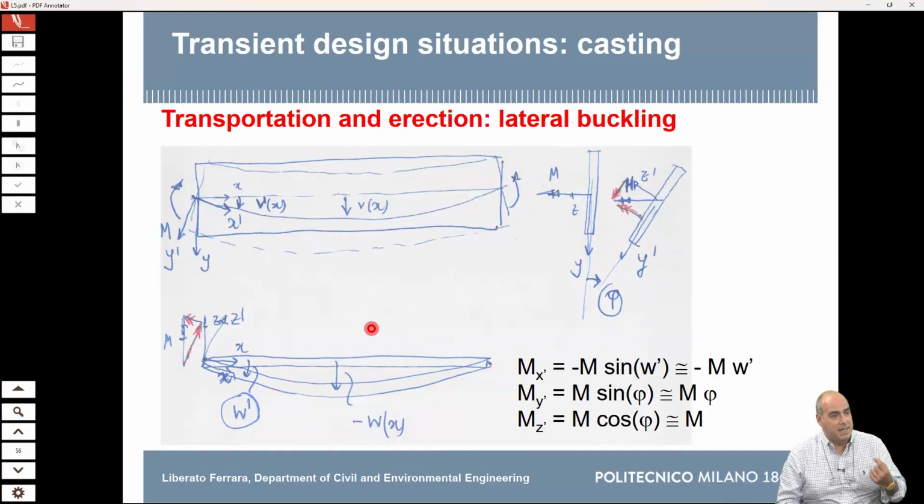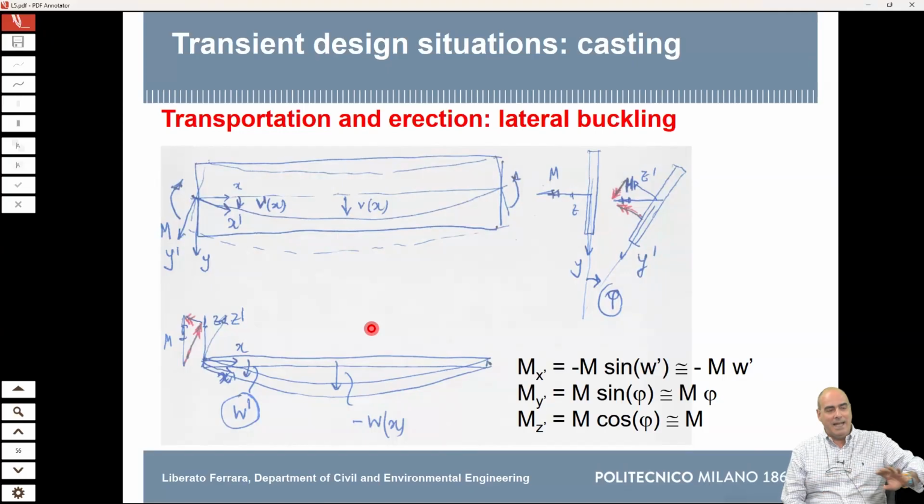So what does this mean? It means that you have to hypothesize a deformation mode for your structural element. And then, you know, in structural mechanics, we always rely upon a principle, and we implicitly rely upon it, and sometimes we forget. This principle is the principle of small and negligible displacements and deformations.